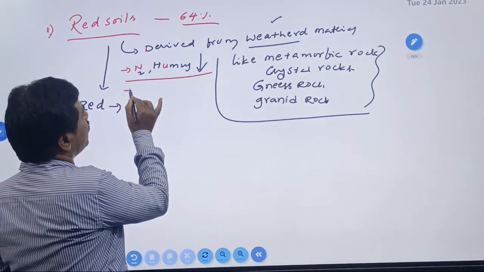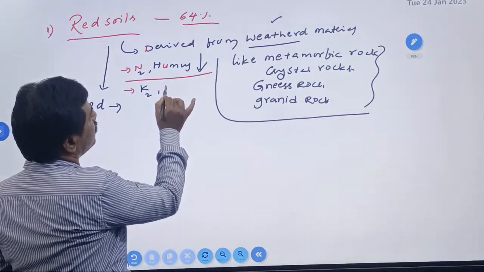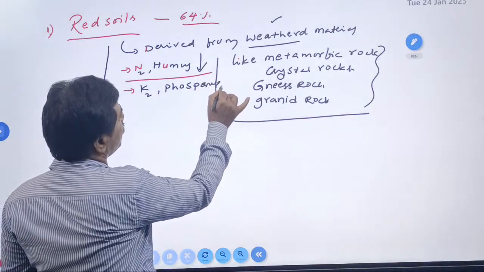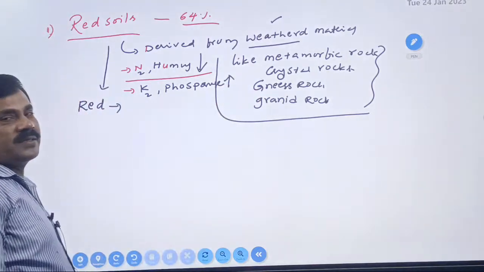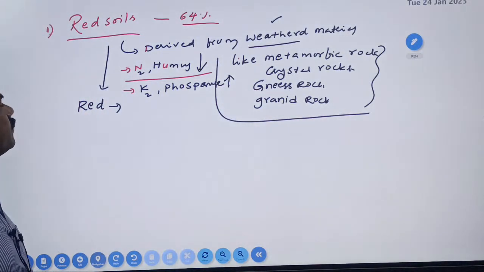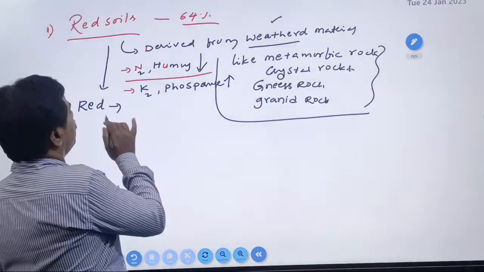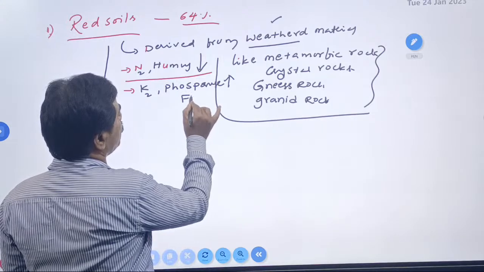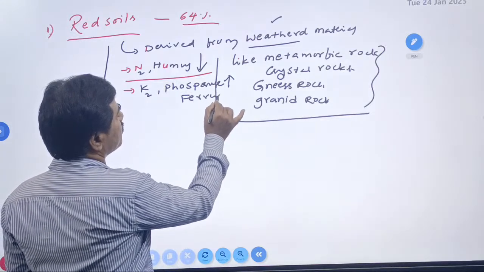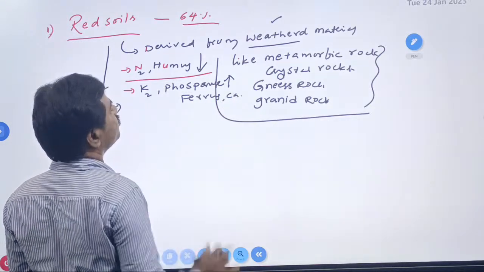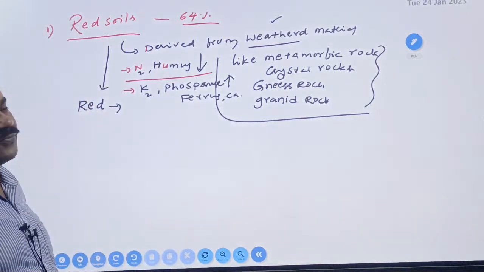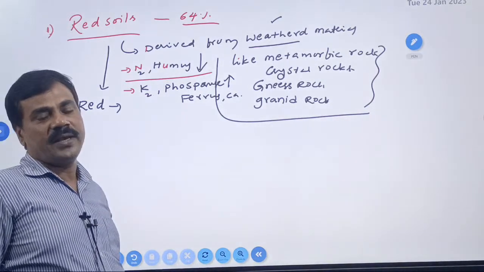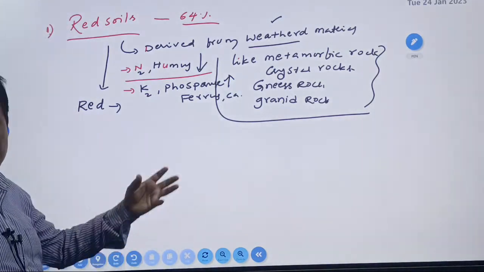Potash and phosphorus are in the highest percentage in red soil. Ferrous and calcium are also more, these minerals have a higher percentage in red soil.